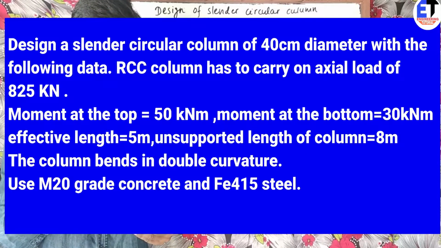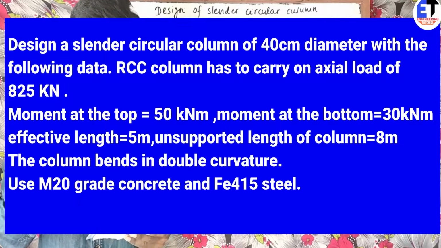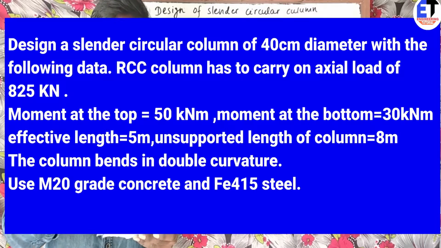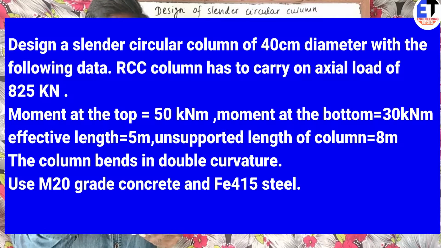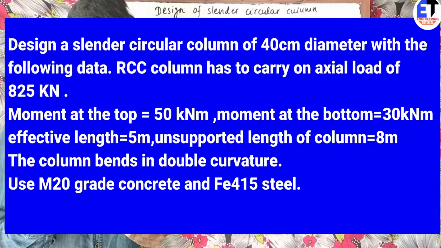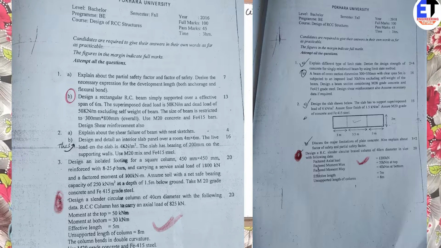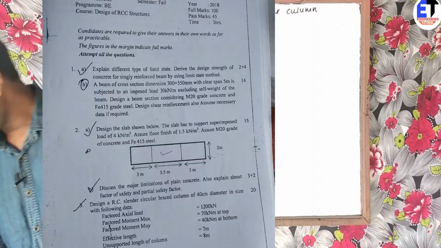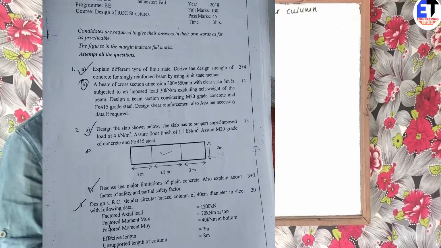The RCC column has to carry an axial load of 825 kN, moment at the top 50 kN·m, moment at the bottom 30 kN·m, and effective length is 5 meters. Unsupported length of the column is 8 meters. The column bends in double curvature. Use M20 grade concrete and Fe 450.